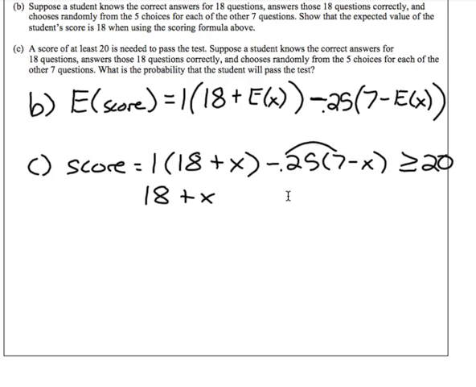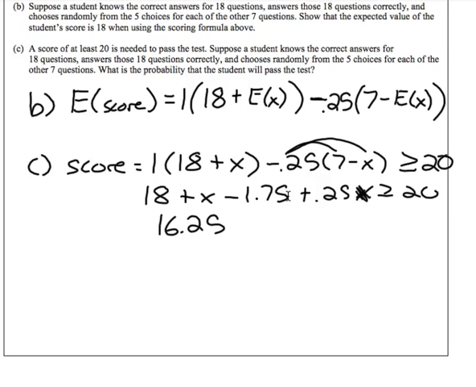If I distribute this, you're welcome. We have a little bit of algebra here. 1.75 plus 0.25x is greater than or equal to 20. So if x is, again, the number we need to get right, now we can just solve this algebra problem. So 18 minus 1.75 is going to be 16.25. Combine the x and the 0.25x, give us 1.25x.